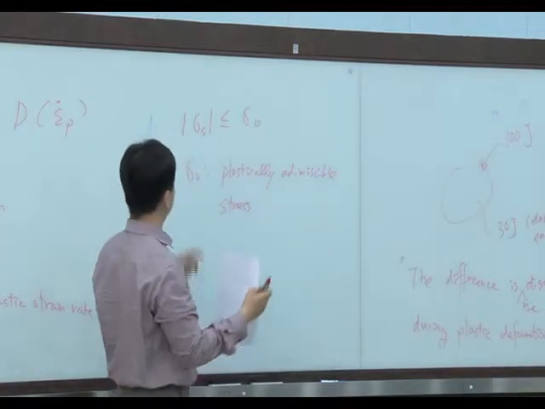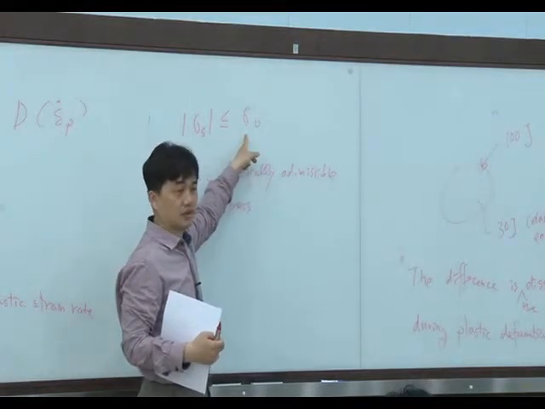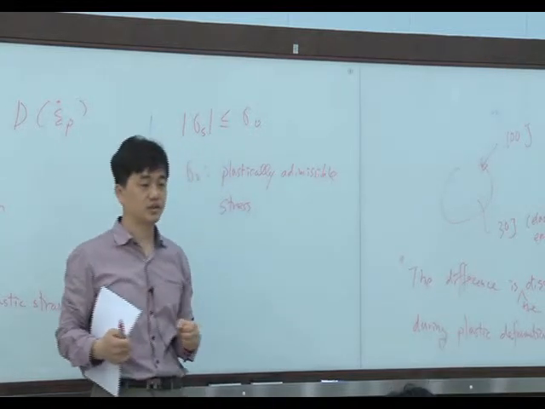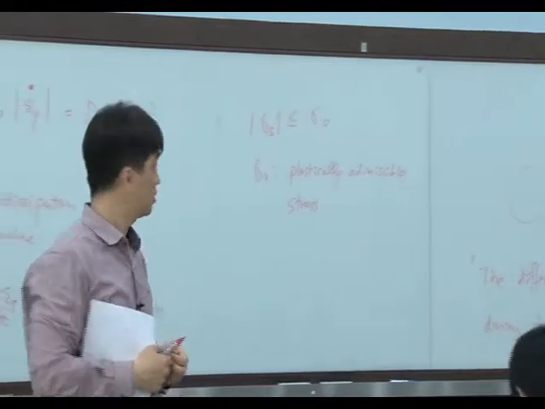So stress should always be smaller than or equal to the yield stress sigma 0, right? We are saying that's a plastically admissible stress. We studied about this in the last lecture.